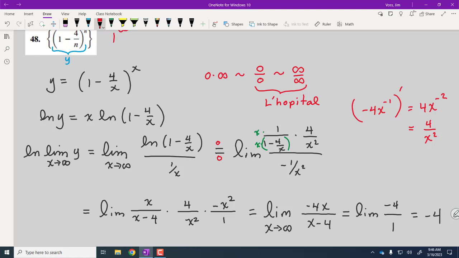Right, because it's 0 times infinity. If you think about 0 times infinity, this isn't real math, but you could do this, right? If you push the infinity into the denominator, it's that. And 1 divided by infinity is 0. Or you could push the 0 into the denominator.